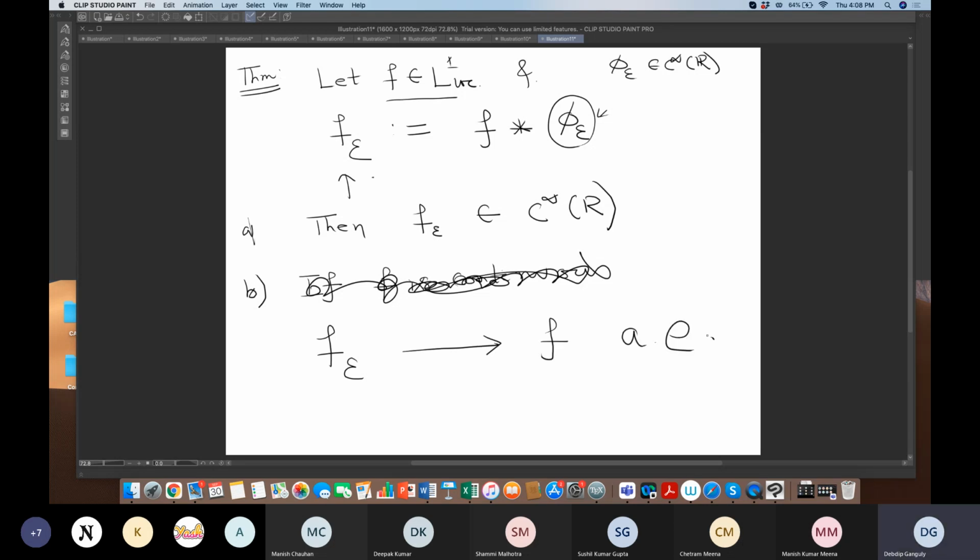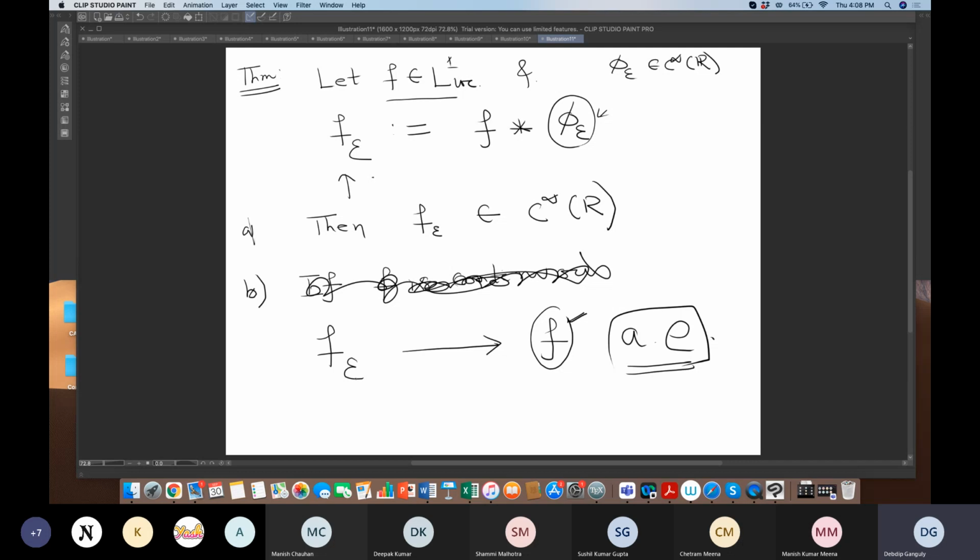This is f convolved with phi epsilon. I say f epsilon will converge to f almost everywhere, because we don't know whether f is a continuous function or not. It is just an L1 function. So you cannot say that f epsilon converges to f at every point, because this function may not be defined at every point. That is why almost everywhere comes.